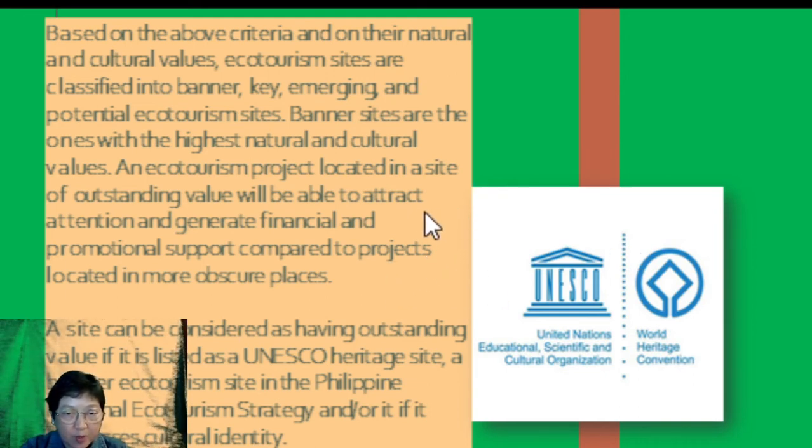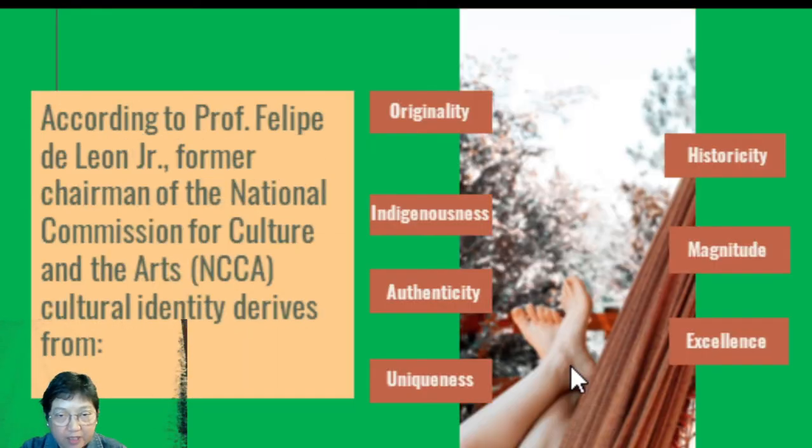An ecotourism project located in a site of outstanding value will be able to attract attention and generate financial and promotional support compared to projects located in more obscure places. A site can be considered as having outstanding value if it is listed as a UNESCO heritage site. UNESCO stands for the United Nations Educational, Scientific, and Cultural Organization.